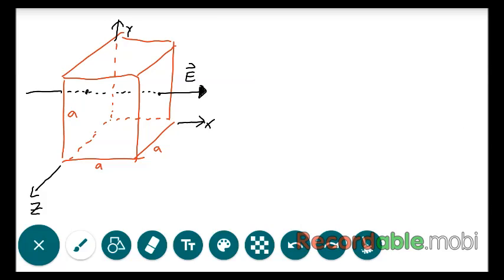Okay, so to find the total flux of this system, we're going to first take the sum of flux, and we find that by considering which surfaces the E field passes through.